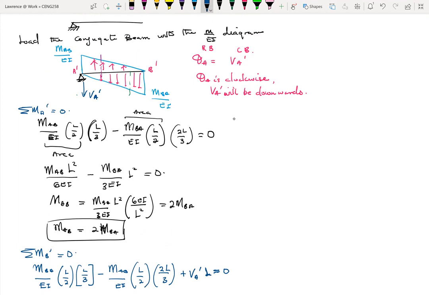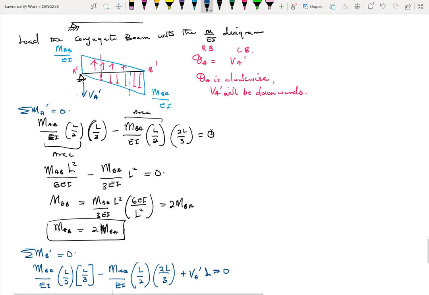Then we do also for the top triangle load, which is the MAB over EI, L over 2 times 2 L over 3. Then we also add the shear force or the reaction at A, which is VA prime times L, all right, equals 0.